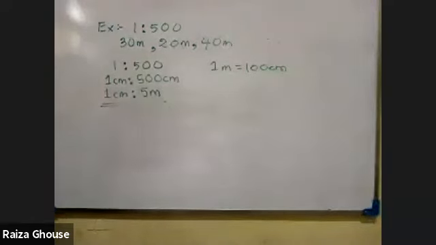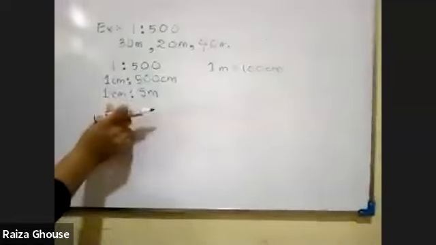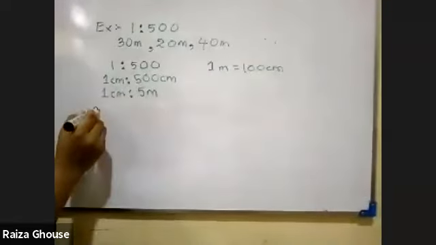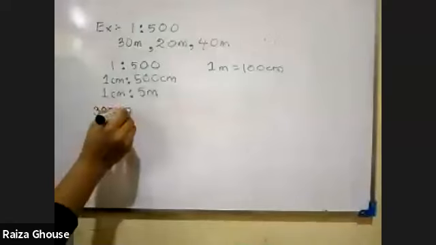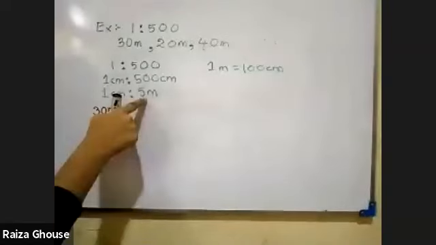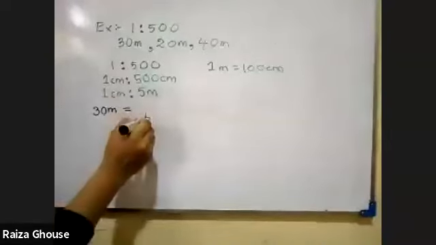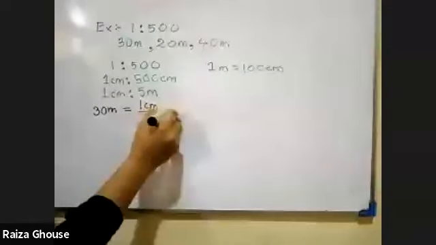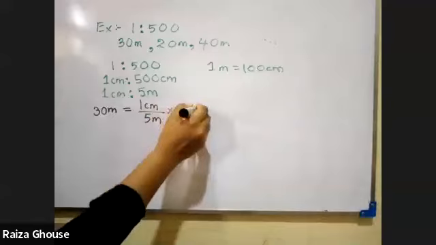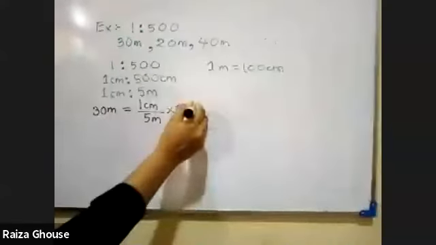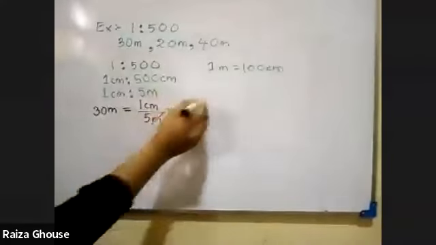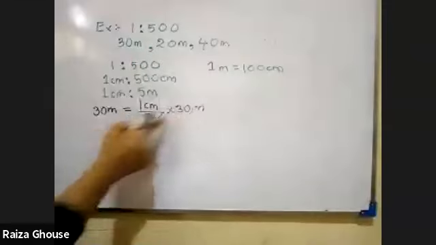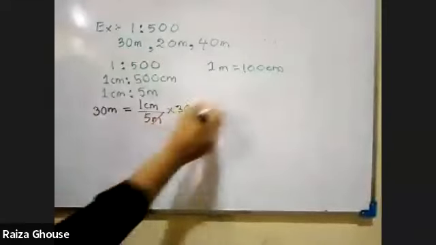So what is 30 meter then? Let's see how to do this. Look at the board. If 5 meter is shown by 1 centimeter, what is 30 meter? Meter and meter you cancel. 30 divided by 5 is equal to 6.